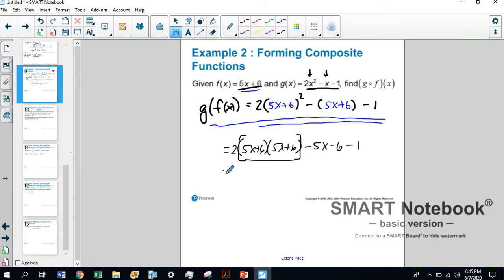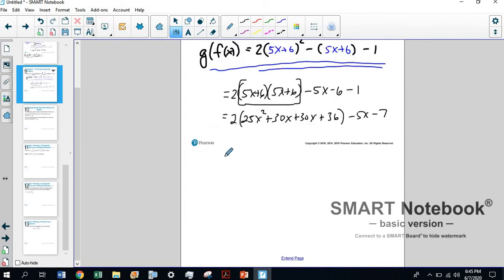Let's FOIL this out. We get 2 times 25x squared plus 30x plus another 30x plus 36 minus 5x minus 7, negative 6 minus 1. Okay?